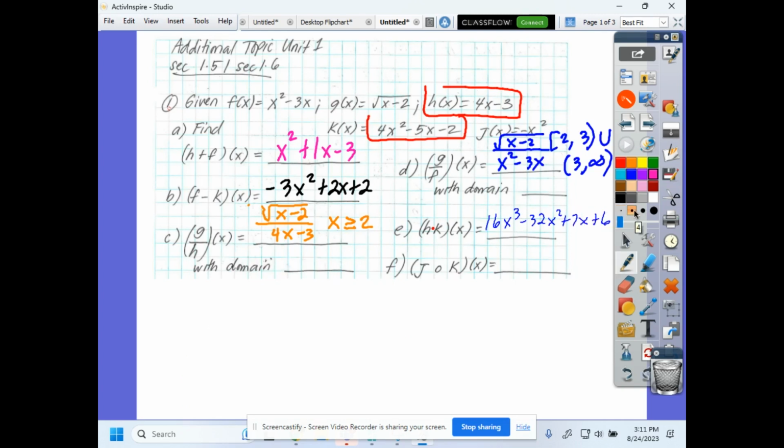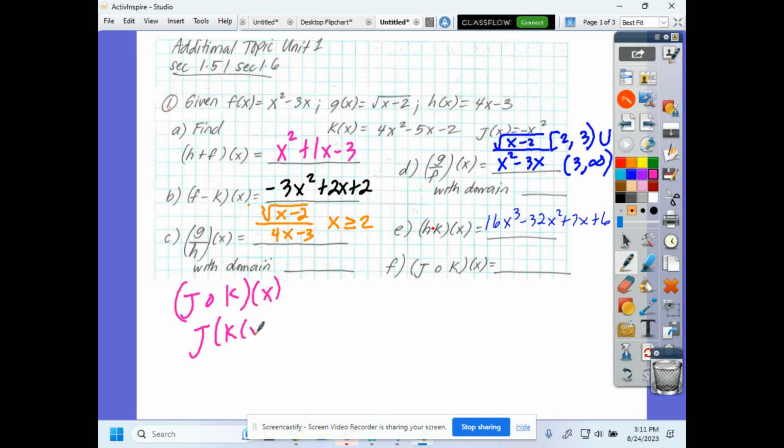J of k of x. That means the k of x will go into j.